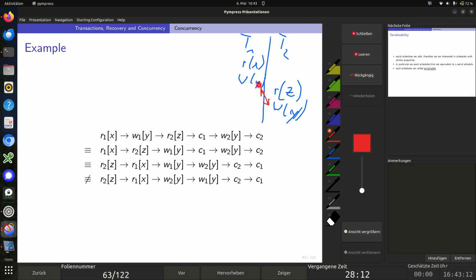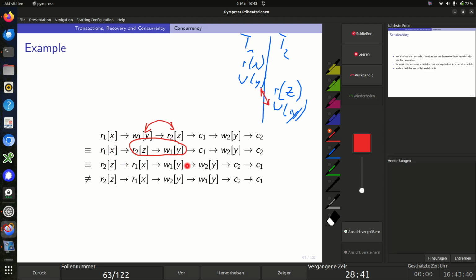As long as we don't change both, the new schedule is conflict equivalent. So this is the first one, and now we can rearrange. For example, we can swap those two. Both are not in a conflict, and we get this schedule, which is conflict equivalent to the first one.